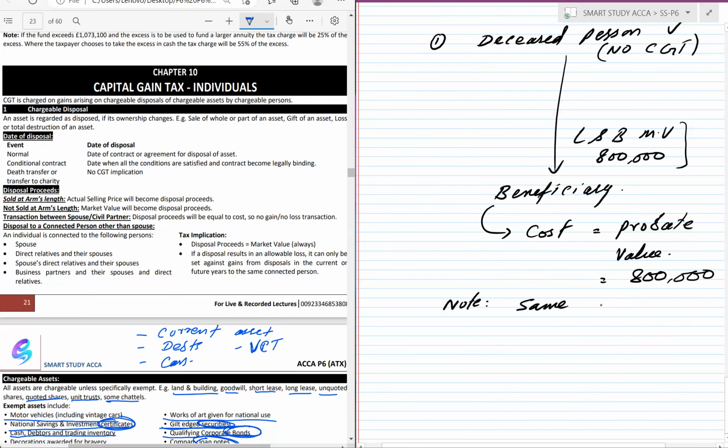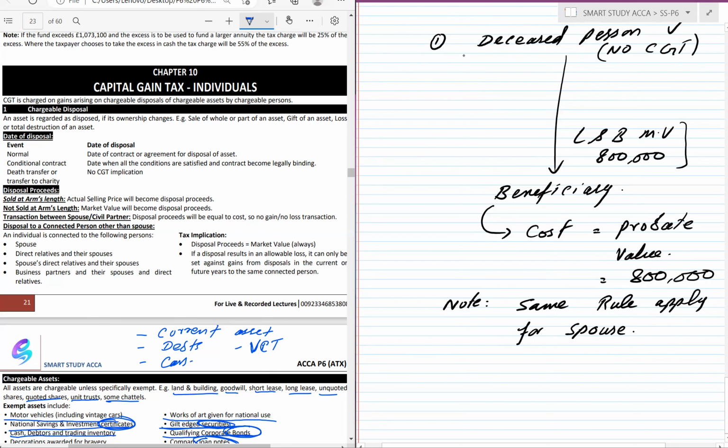There is a note over here. Same rule applies for spouse. So if the deceased person is any party in the spouse, for example, husband died, and land and building owned by the husband is transferred to wife, so same rule will be applicable.